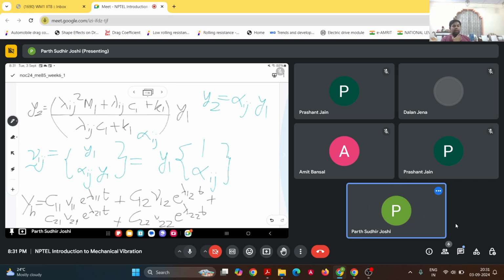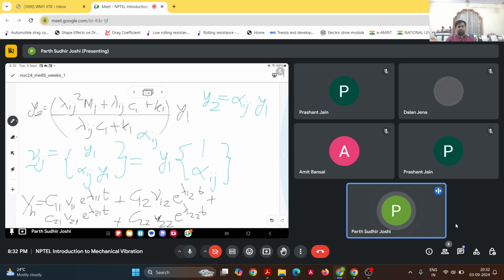So you can also interpret it as a summation of sines and cosines. So it basically depends on the mass and stiffness properties what the nature of the roots is.